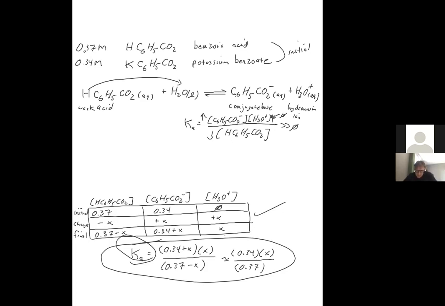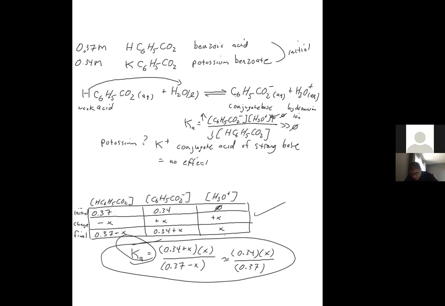Okay. Now, what about the K plus, the potassium? They're putting in potassium benzoate. So what about the potassium? Well, remember, potassium is K plus, right? Potassium is the conjugate acid of a strong base, which means it has no effect on acidity.